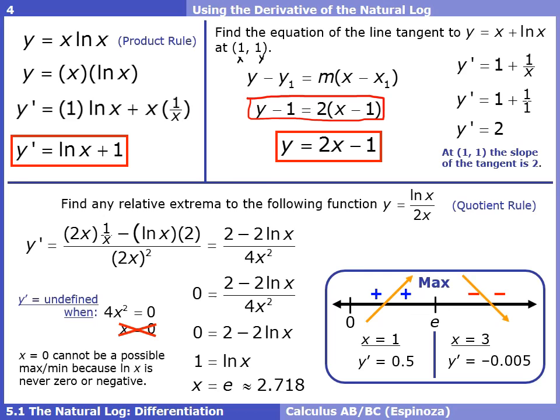If a derivative changes from positive values to negative values, we know that that is a relative max. And that's how we can finalize this answer. We know there's a relative max at x equals e. And if you had to write a justification of that, you would put because the derivative changes from positives to negatives.